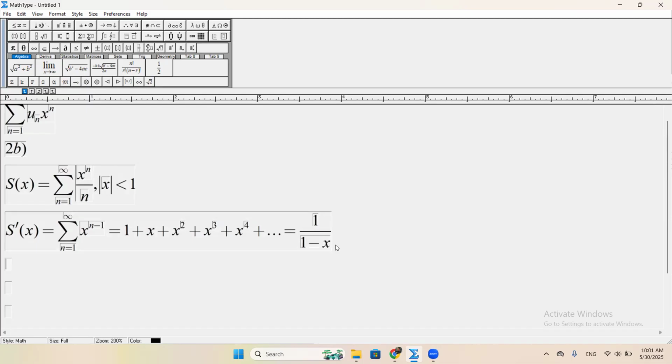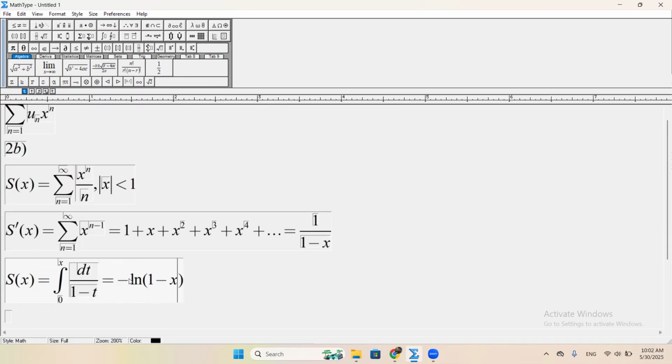And how to integrate it? So how to find it? We will integrate this function from 0 to x, dt over 1 minus t. So we will receive the logarithm of 1 minus x.